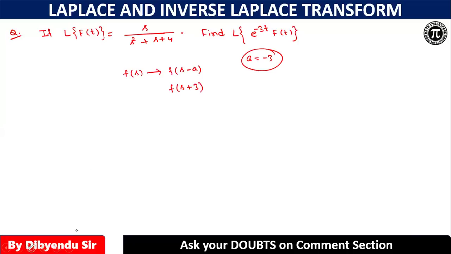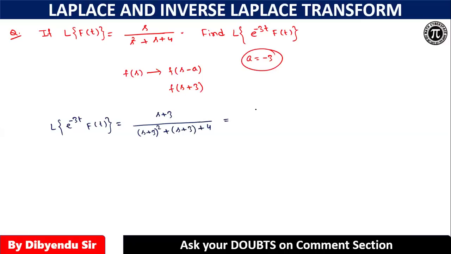So if you replace it, Laplace of e to the power minus 3t f of t equals s plus 3 divided by s plus 3 whole square plus s plus 3 plus 4.